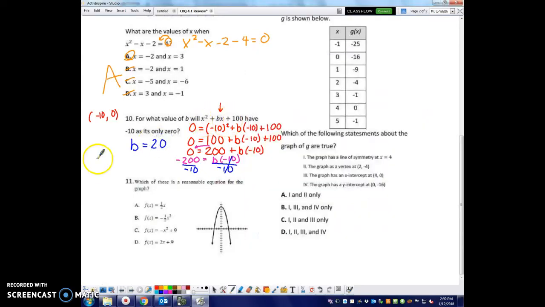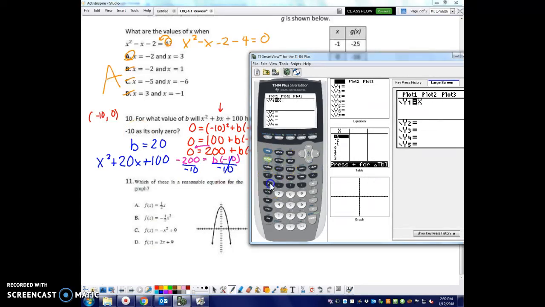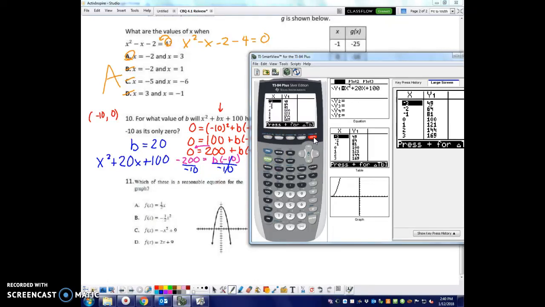So let's test it. We're saying that the equation needs to be x squared plus 20x plus 100. Let's type it in and see if negative 10 is the only 0. So y equals x squared plus 20x plus 100. Graph. Well, it looks like it's touching somewhere over here. Is it at negative 10?